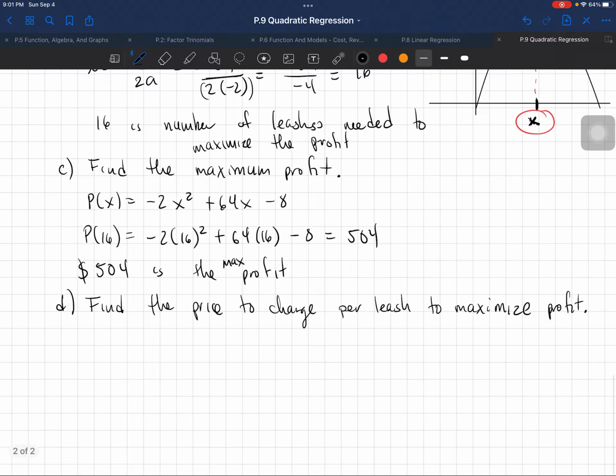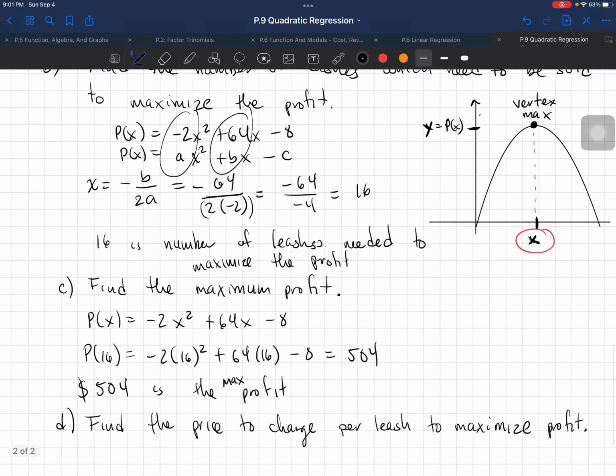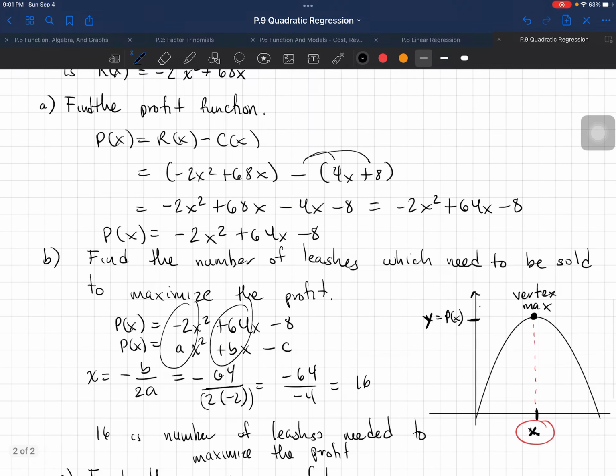All right, so the last part is to find the price to charge per leash, sorry, to maximize the profit. Well, that's a little bit tricky, but we go back over here and see what we are given. You're actually given the revenue. Remember what revenue is?